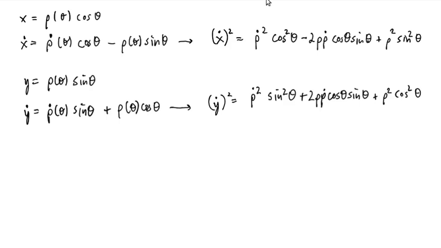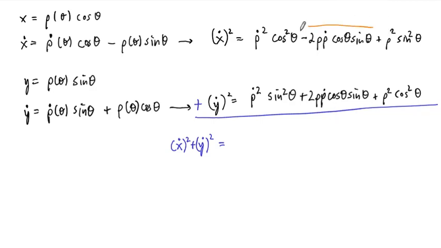Okay, and I've lined this up over here so that now all we have to do is add these two lines up. We go term by term, right? So x dot squared plus y dot squared on the left-hand side is going to add up to, and before we get too crazy here, we look at this. These middle terms are the same but opposite sign, so those just cancel.